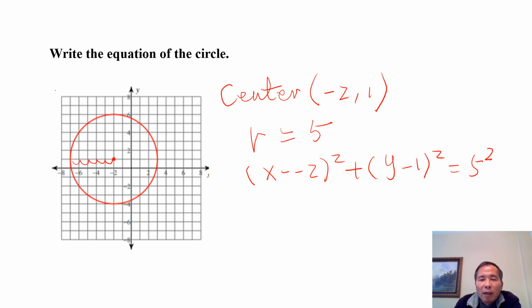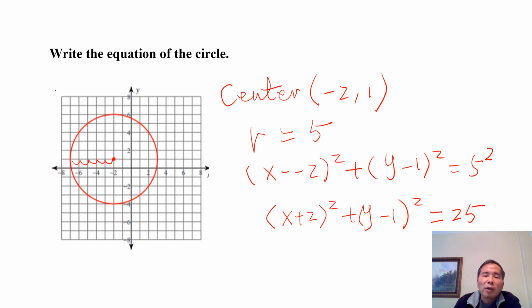Now we combine it: x minus -2 is x plus 2, so (x plus 2) squared plus (y minus 1) squared equals 25, since 5 squared is 25. That is the standard equation of the circle we need to write. That's all for this part of our PMA review for the circles.